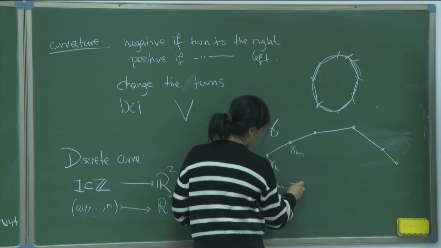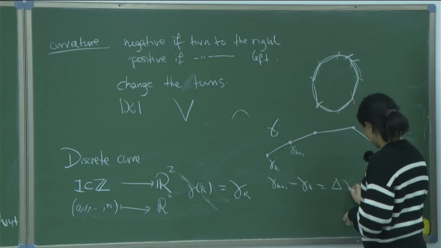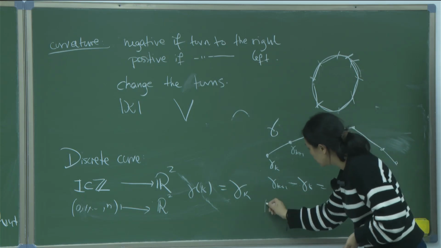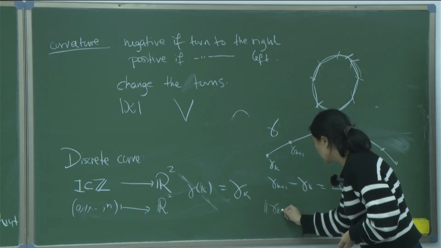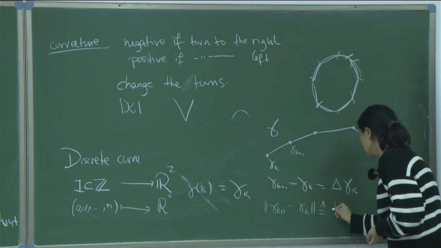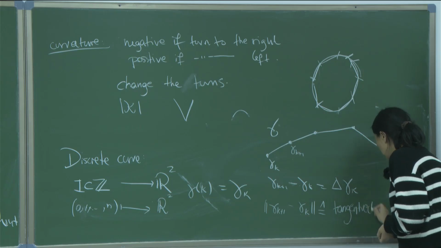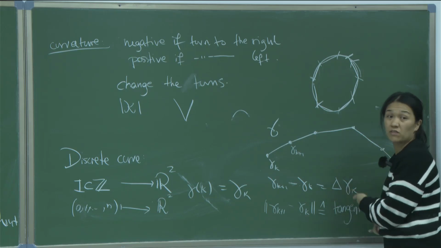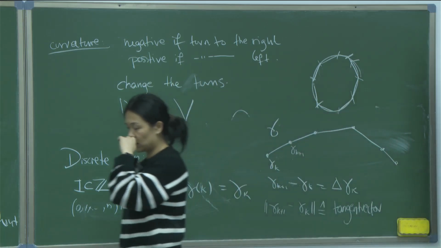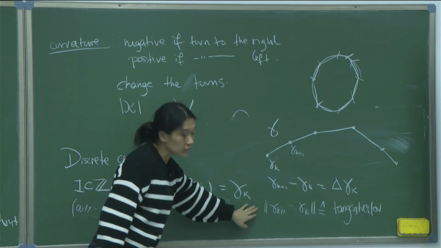We can call it delta, if you like, and the norm of it, or length of it, is a tangent vector. Well, it's not quite true because we don't have length 1. But it's just the derivative, the direction. Okay, so it's something like that.